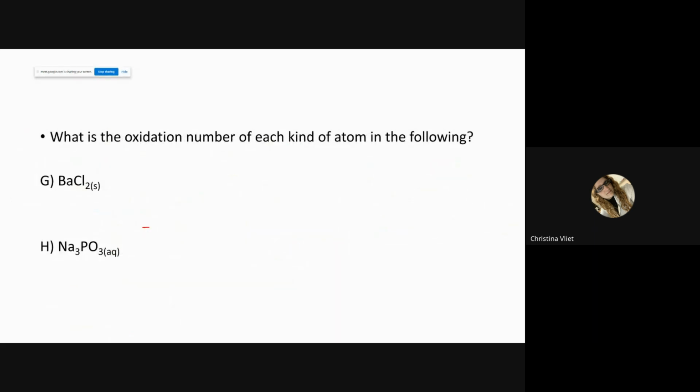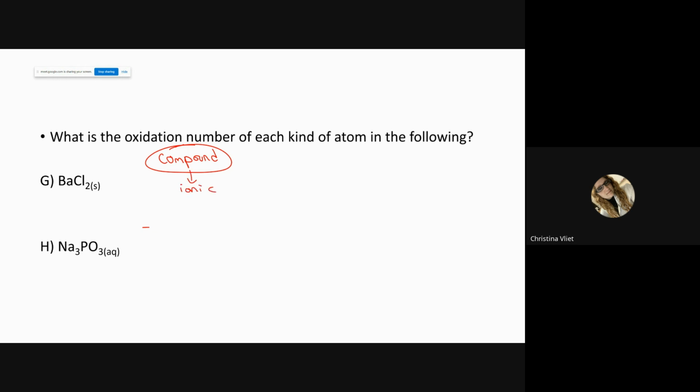G. BaCl2. Compound. Do we really have much work to do for this one? We just have 2 elements. Is that an ionic compound? Only 2 elements?